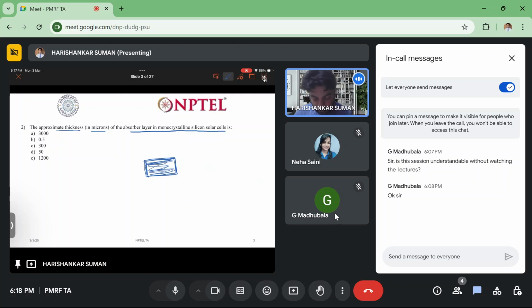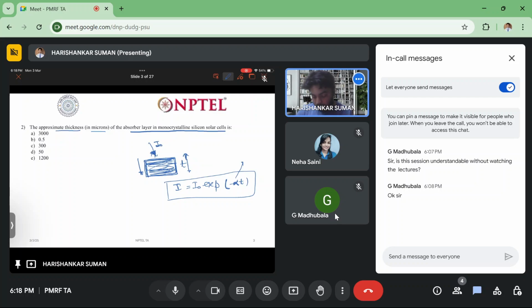Let's say this is the thickness of the material, T. So for this, I equals I naught exponential of minus alpha T. If light goes inside, let's say I naught is the initial intensity, as it goes deeper into the material, the intensity goes down because the material absorbs it, and there is a coefficient alpha, the absorption coefficient.